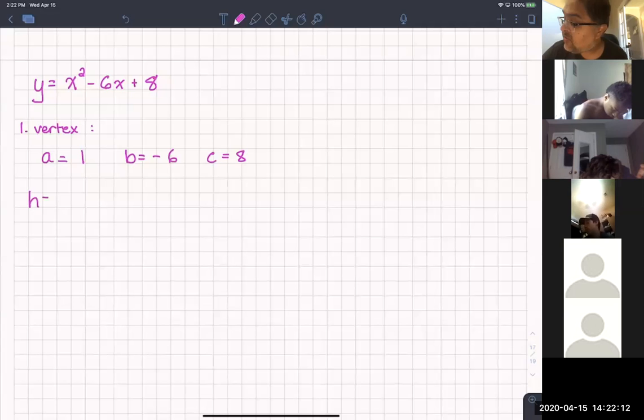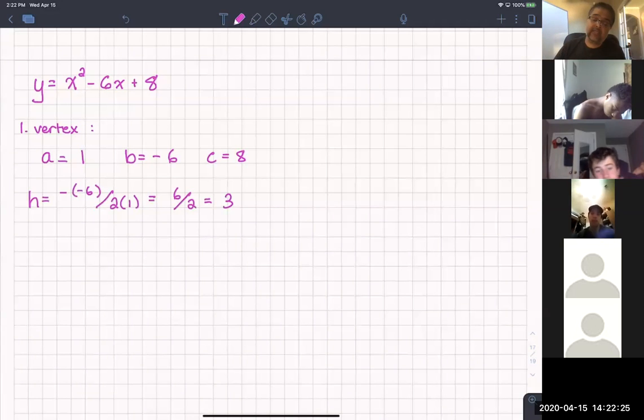So to find the x-coordinate, it's negative b, so negative of -6, divided by 2 times a, which in this case is 1. So we get 6 divided by 2, which is 3. So the x-coordinate of my vertex is 3. Okay. Find the y-coordinate, you plug that x back into the original equation.